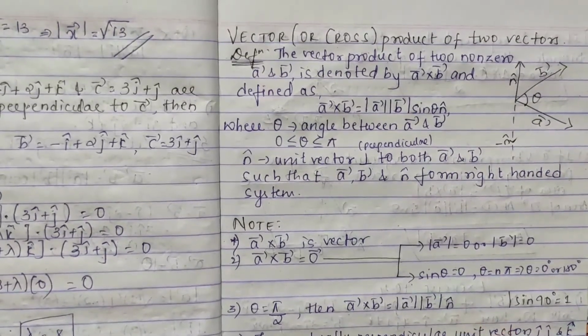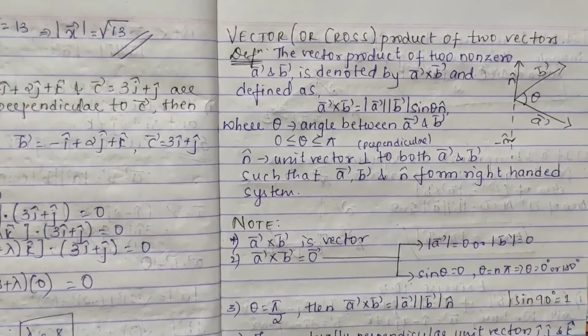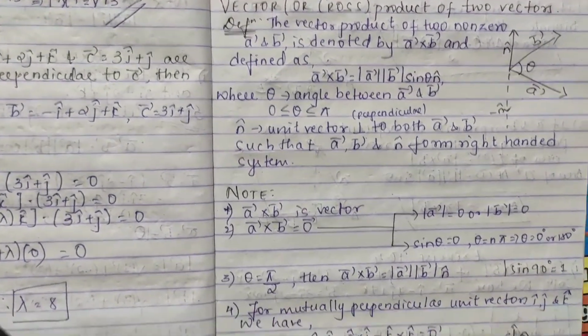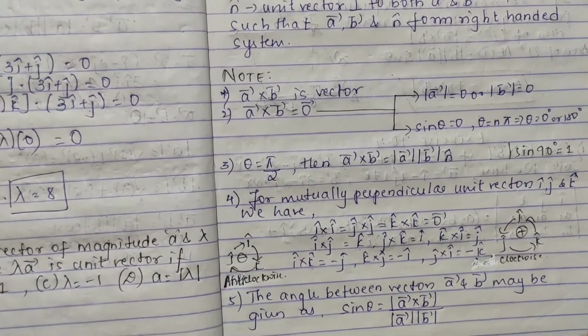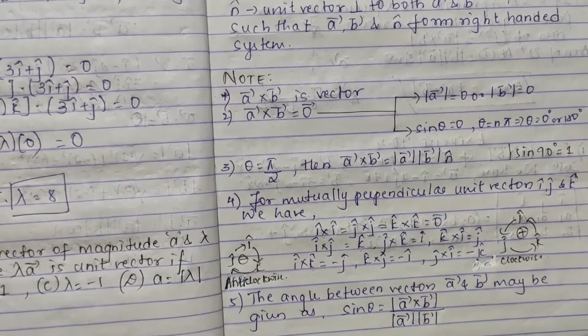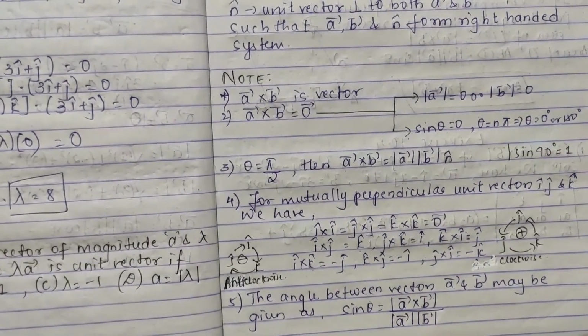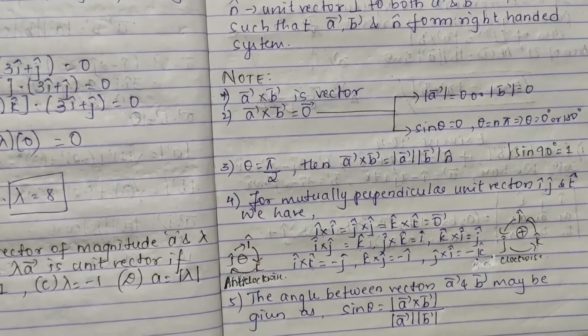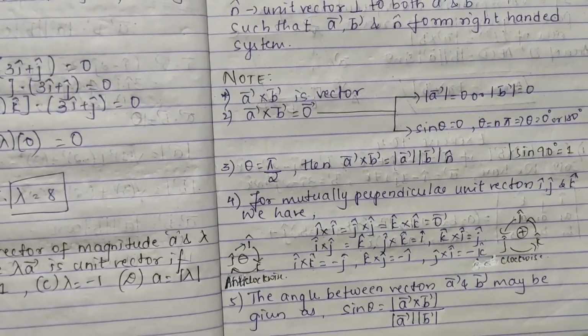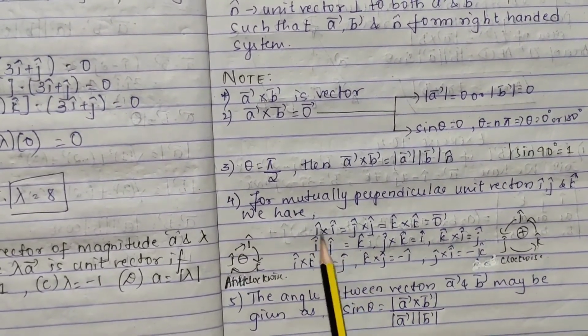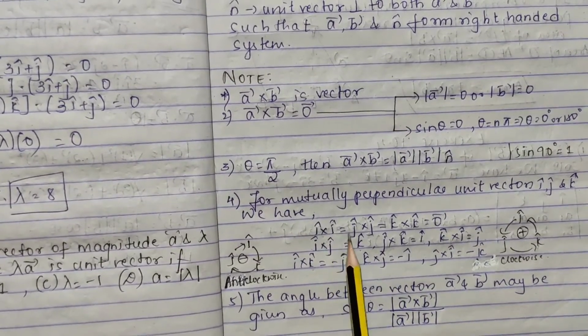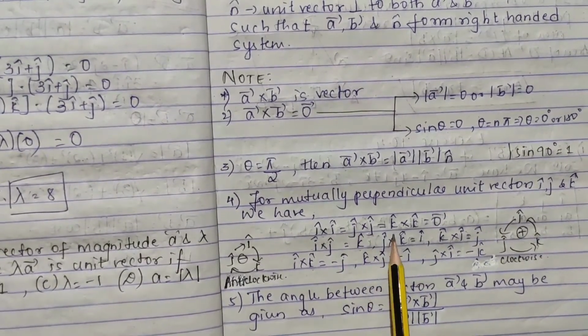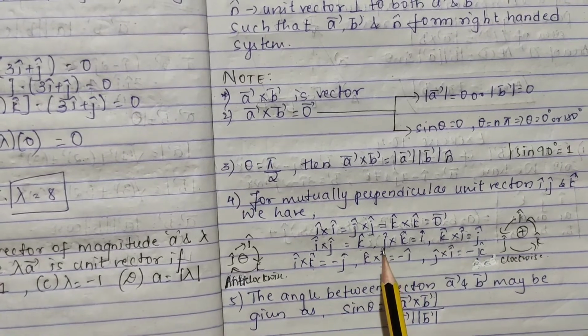Now your vector and cross product, as I have said, we have some notes. Same as for your dot product you have the same for your cross product too. But here for this point I just want to explain to you. You had in your dot product i dot i cap, j dot j cap, k dot k cap as 1.